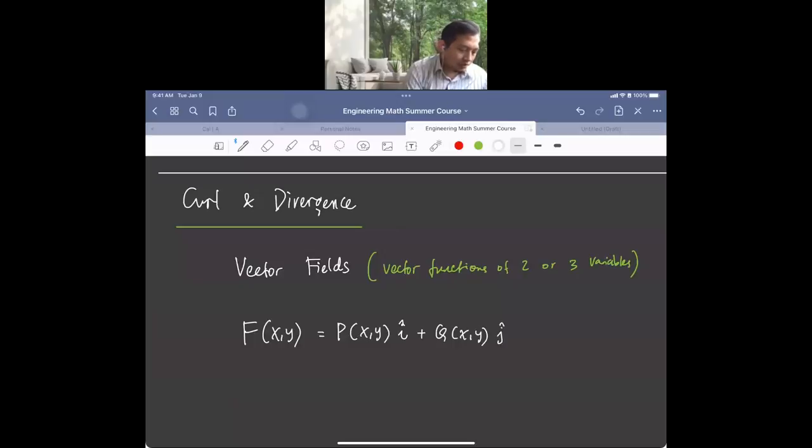This is for 2 dimensions. And if we have 3 variables, we add another function: P, Q, and R, should be Z, sorry.